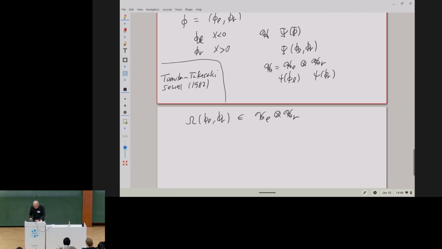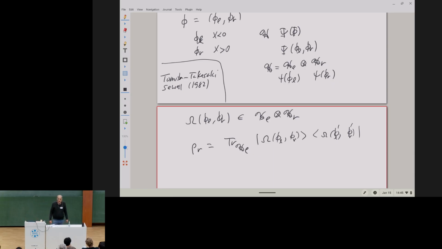So the density matrix rho R is supposed to be the trace over H_L of this pure state density matrix, where, in more detail, omega in the ket is a function of phi L and phi right, and omega in the bra is a function of phi L prime and phi right prime. And then we're supposed to take the trace over H left to get a density matrix for observations in the right half of space only.